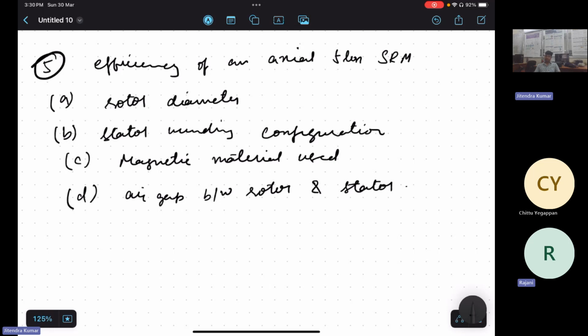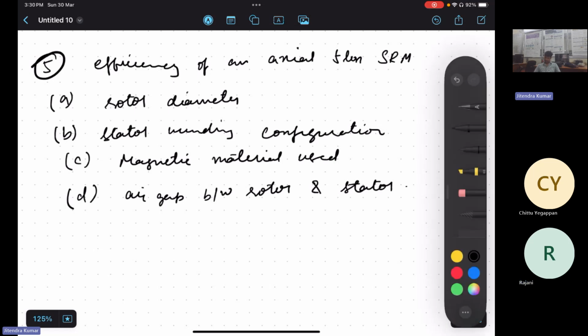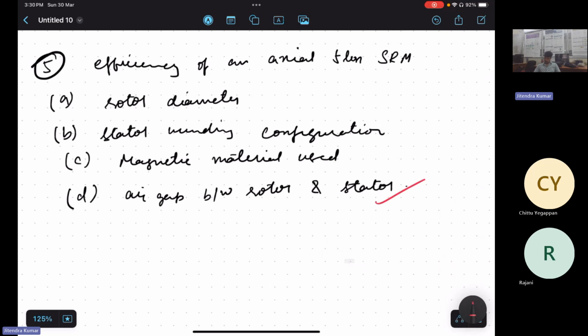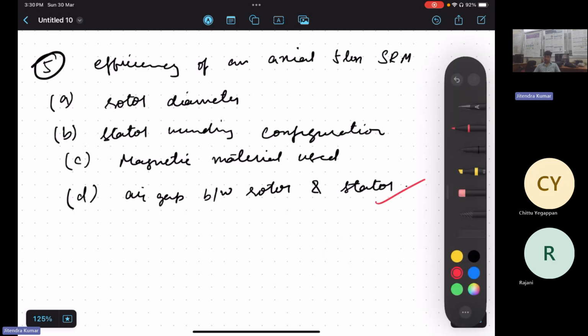Sir, magnetic material used. Yeah, magnetic material is important and would play a role up to a certain extent, but the most important parameter is the air gap between stator and rotor, which we can minimize. So option D, if you see such a problem, option D.